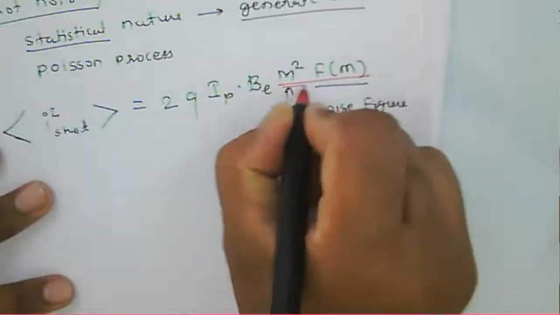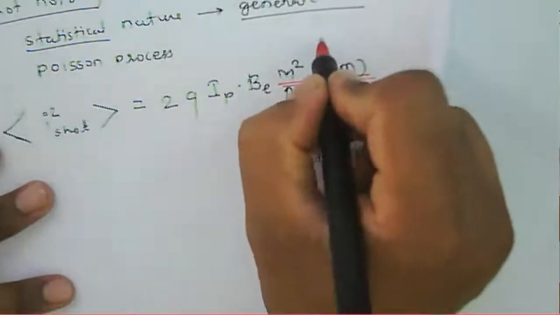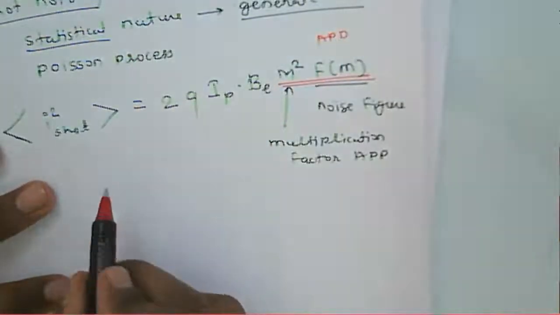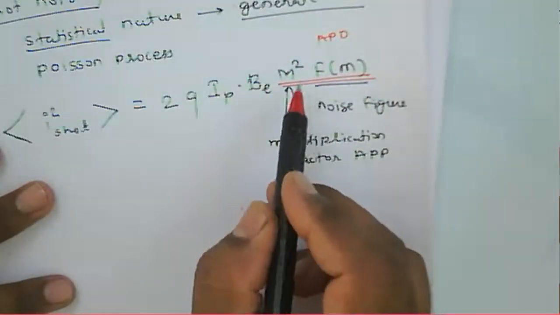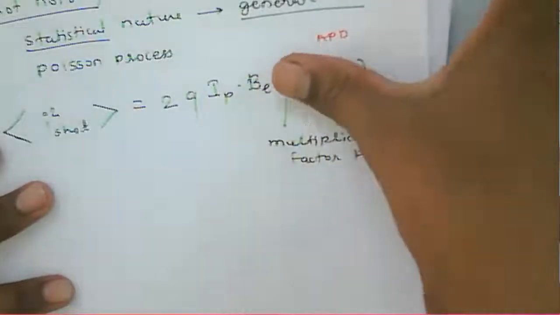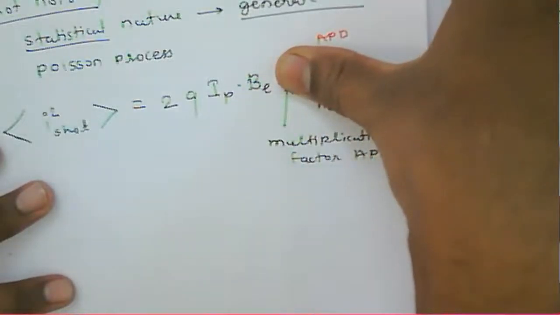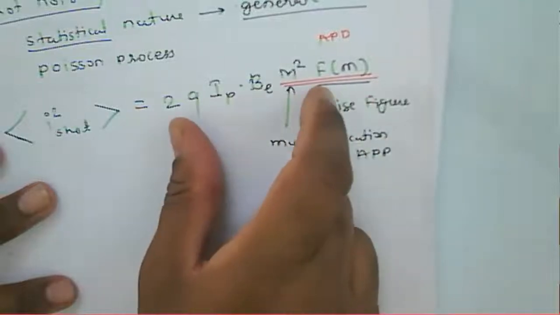These two terms are for the avalanche photodiode. If it is a pin diode, M and F of M will be 1, and only the remaining terms are there. If it is an APD, avalanche photodiode, then the complete terms are there.